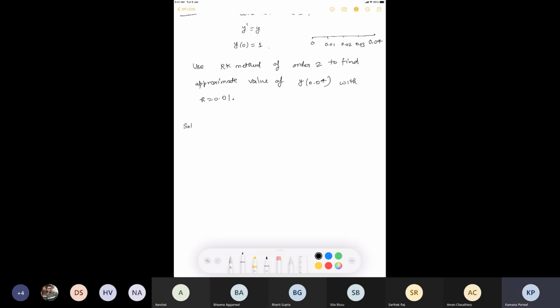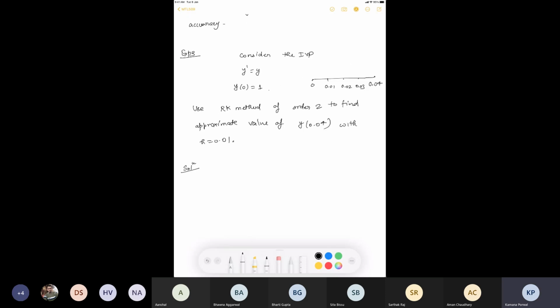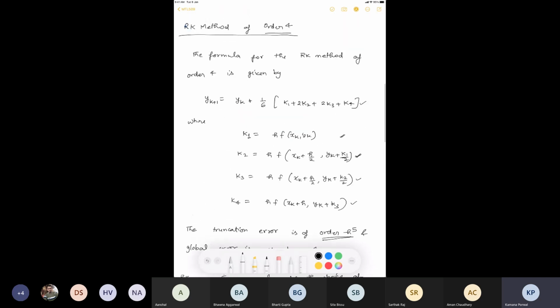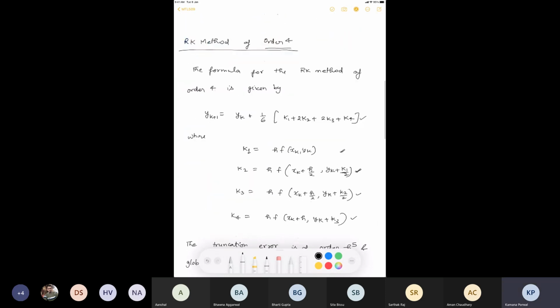So let's solve it. When I refer to the RK method of order 2 without mentioning the choice of gamma 2, it means that I am referring to the case gamma 2 equal to 1 by 2.